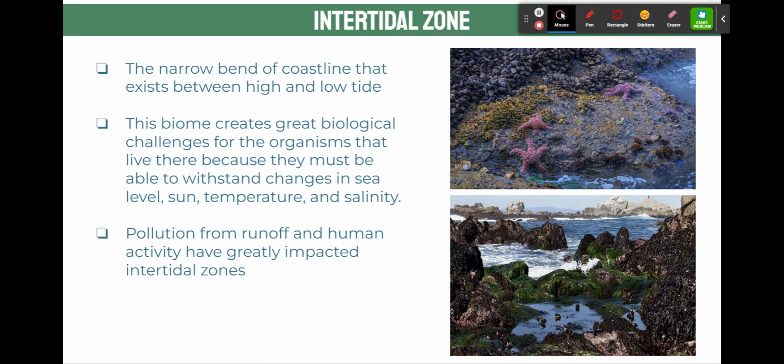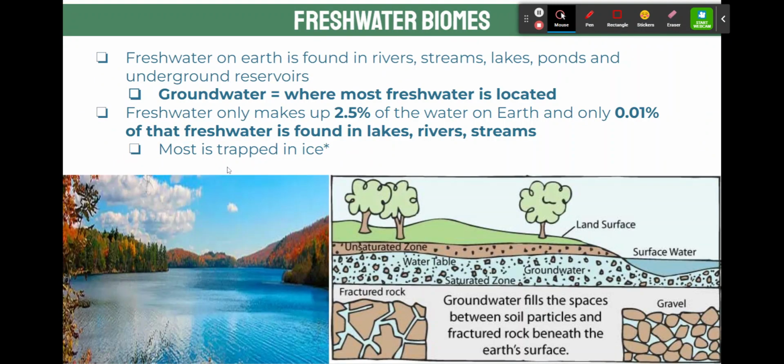When it's low tide, the water is all the way out into the sea. So the organisms that live there have a very wide range of ecological tolerance because they can withstand this changing that happens daily. And the same thing, as always, humans are impacting these ecosystems as well.